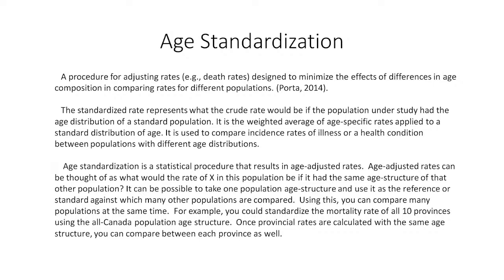It is the weighted average of age-specific rates applied to a standard distribution of age. It is used to compare incidence rates of illness or a health condition between populations with different age distributions.